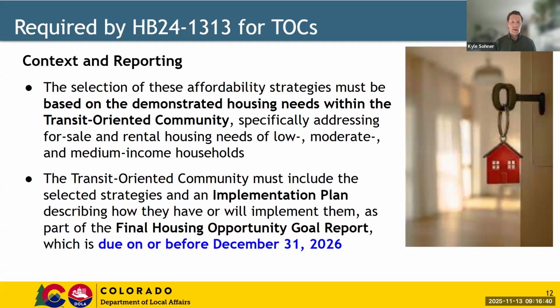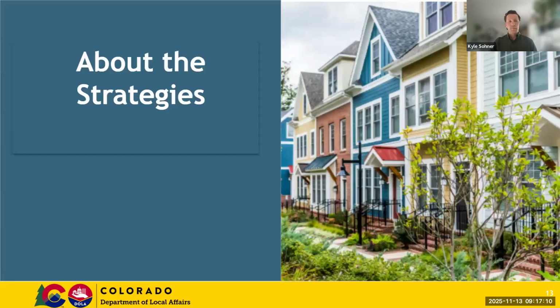And then these are supposed to be reported within the final housing opportunity goal report, but they are not due for implementation technically until the December 31st, 2026 finalization date. We just ask that if these strategies haven't been implemented, there's a section in there where you include an implementation plan, essentially what you're going to do to get things up and running.